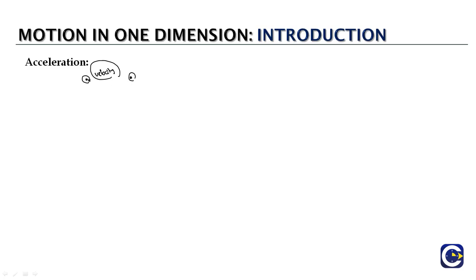So if you have an object which is having a particular velocity, it will keep on going with that velocity unless there is some external force acting on it. But if there is an external force acting on the object, then we see that the state of the object can be changed. Meaning the velocity might be increasing or decreasing.